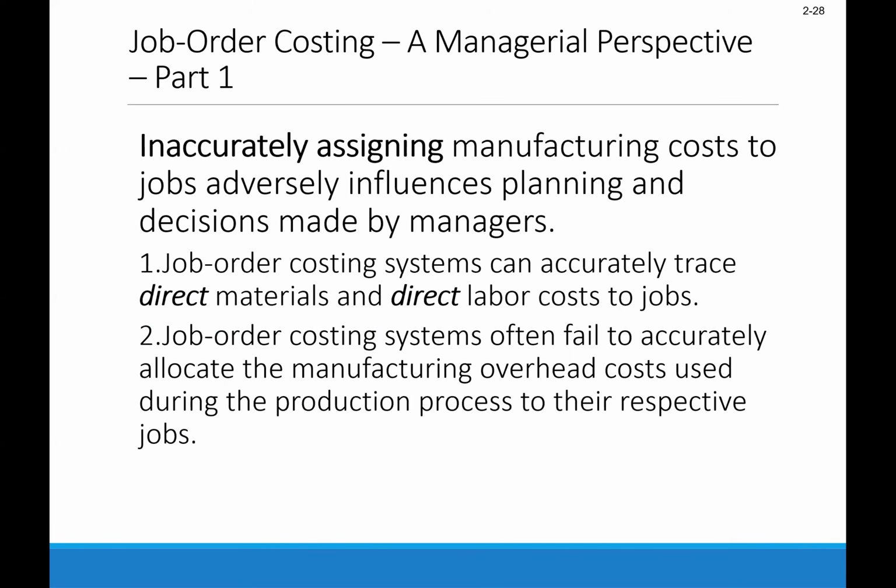We can assign the direct materials and the direct labor. But the negative with this type of job order costing system is that sometimes it doesn't accurately allocate manufacturing overhead to the jobs it's really producing. But there's a way we have to capture all of those costs.